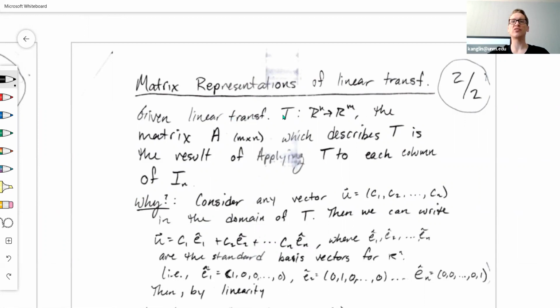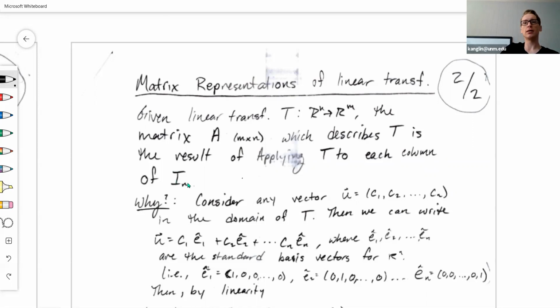Given a linear transformation T taking Rn to Rm, potentially different dimension of domain and codomain, the matrix A, which is m by n, which describes T, is the result of applying T to each column of the identity In. This is a wildly useful idea.